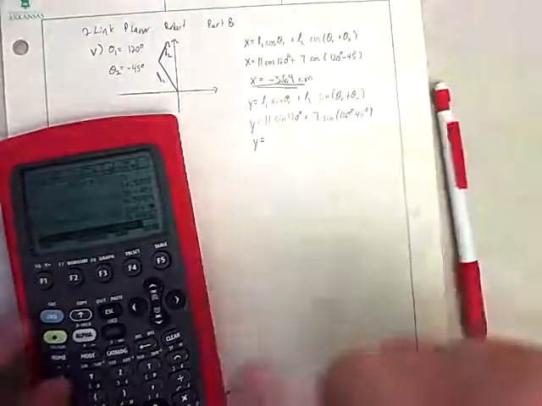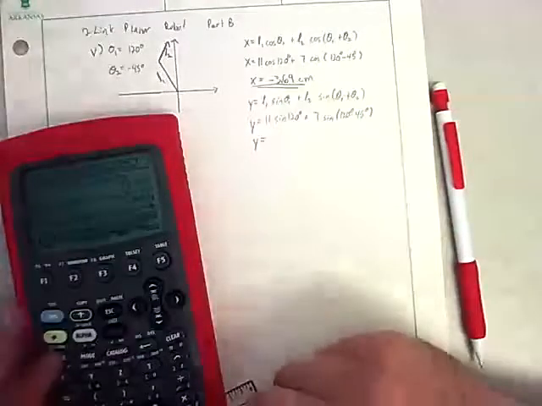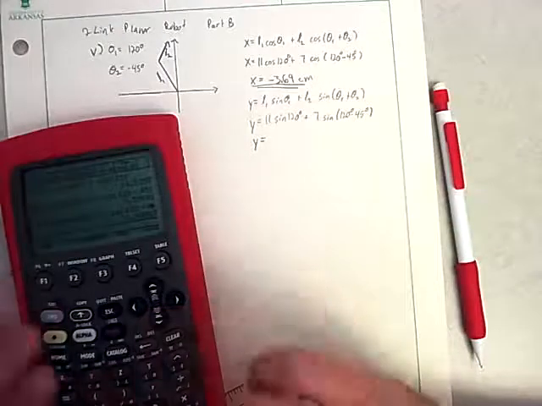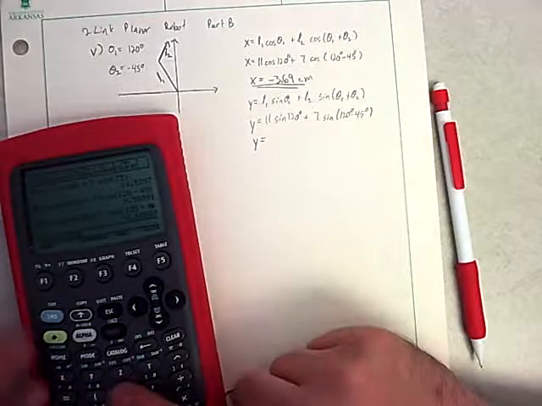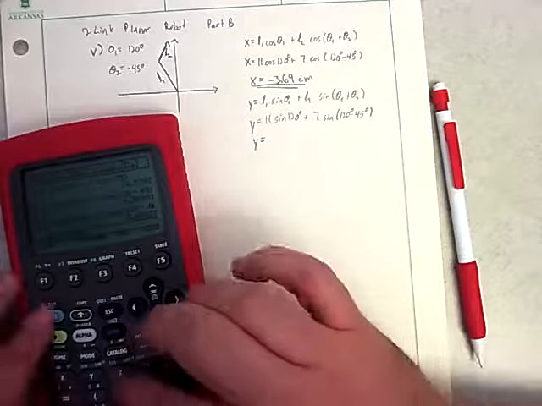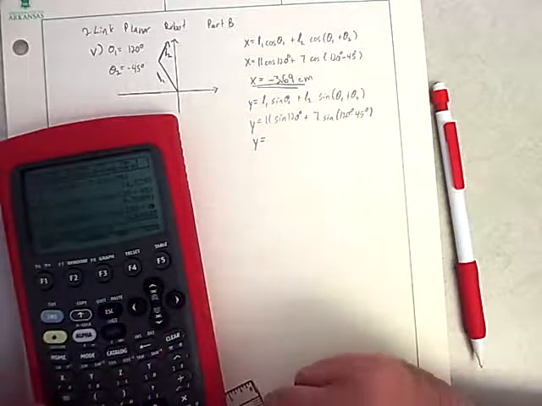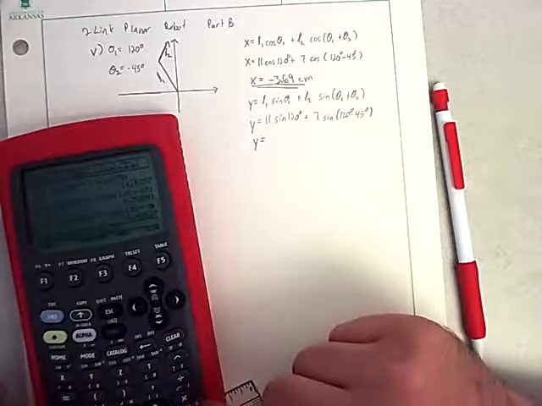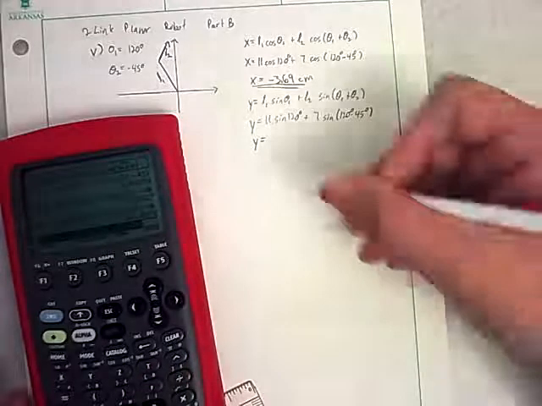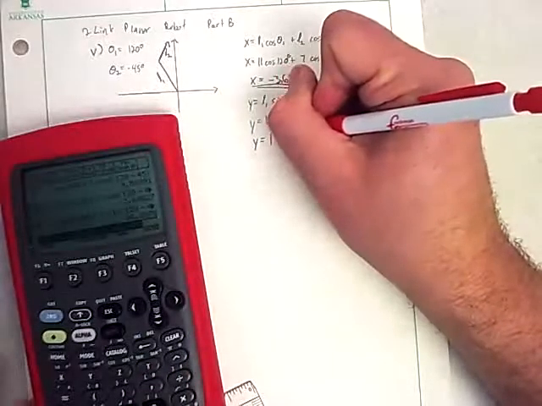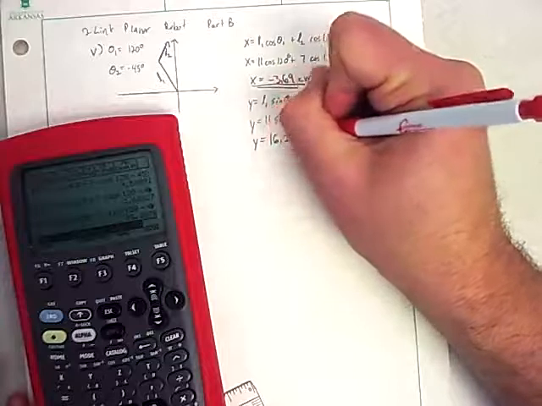So what did we get for y? We are pretty sure y should be positive. Both parts of y are positive, so if we don't get a positive number for y, then we've really messed something up. And so we get that y is 16.29 centimeters.